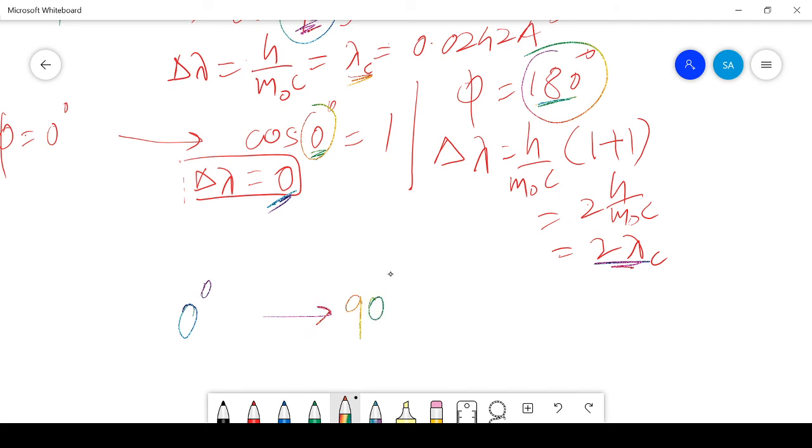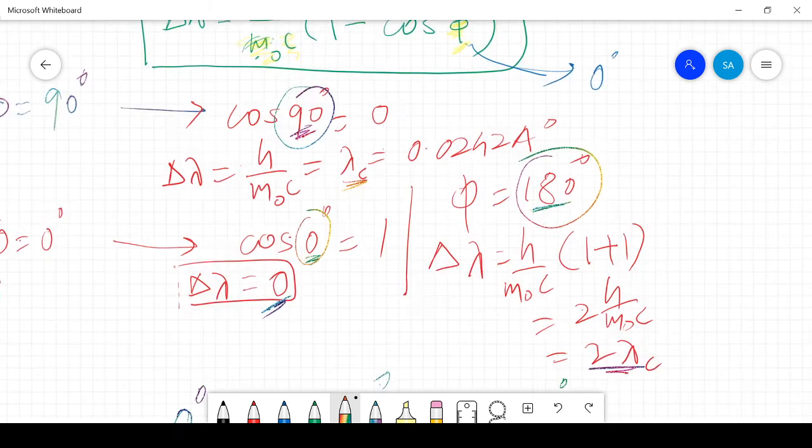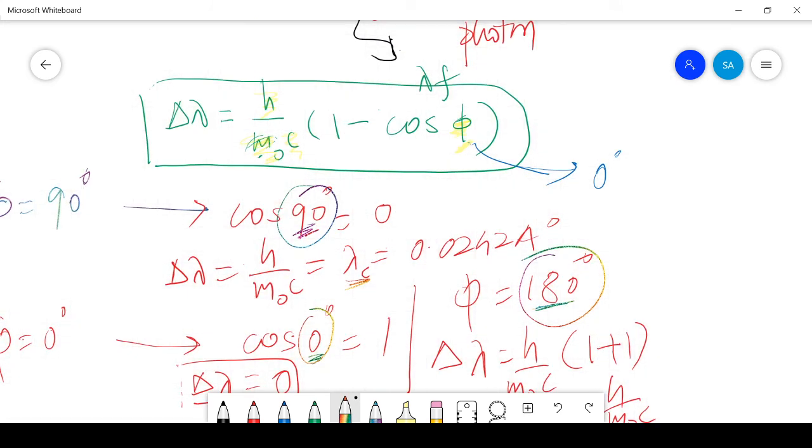From this expression we have learned that the shift in wavelength totally depends upon phi. Phi is your scattering angle.